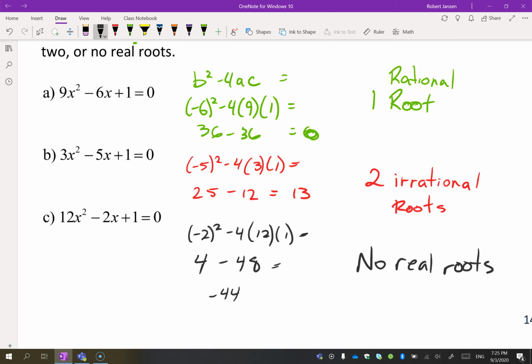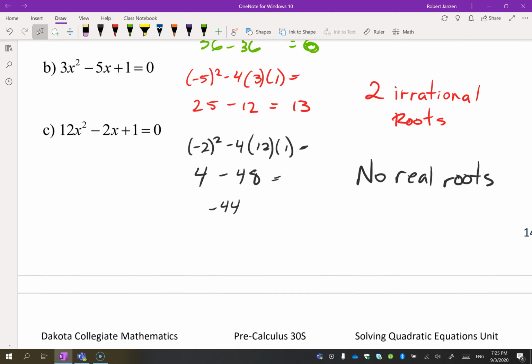There will be imaginary ones, but not real ones. Okay, and then let's just do one more here. Let's go D, and let's come up with x squared minus 6x plus 8 is 0. So then we would have negative 6 squared minus 4 times 1 times 8.